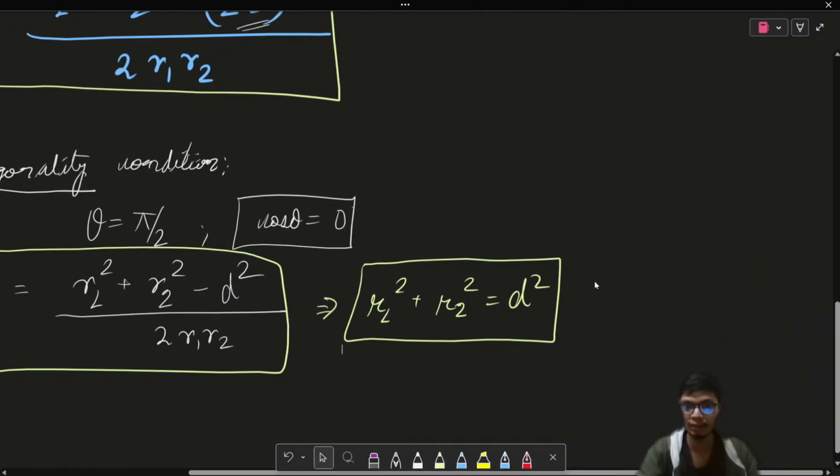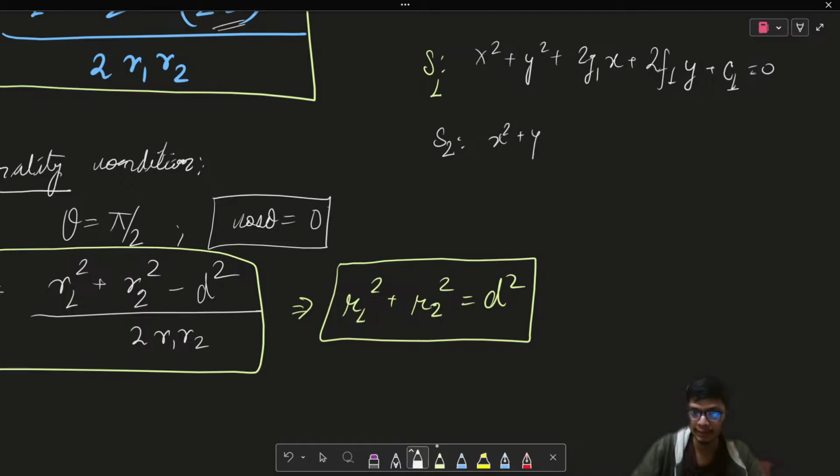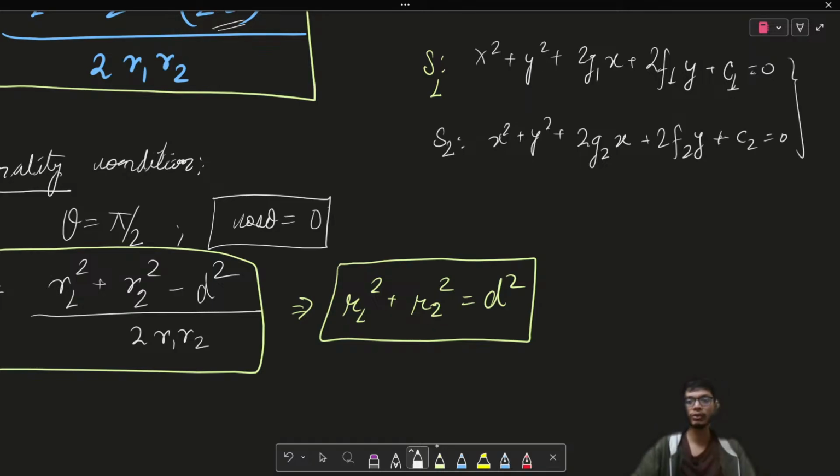Now, if we know the equation of the circle in the general format, let us say the equation of the first circle is x square plus y square plus 2 g1 x plus 2 f1 y plus c1 equals 0. And in a similar manner, the equation of circle C2 is x square plus y square plus 2 g2 x plus 2 f2 y plus c2 equals 0.